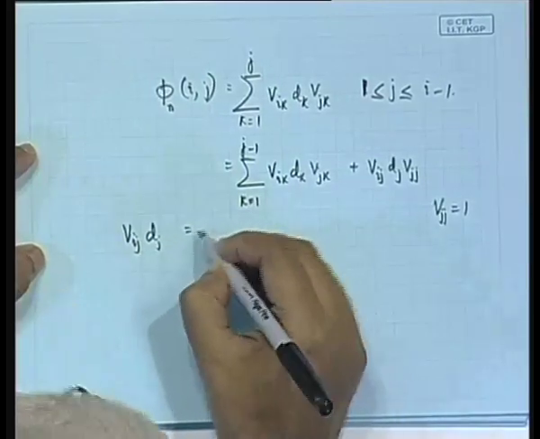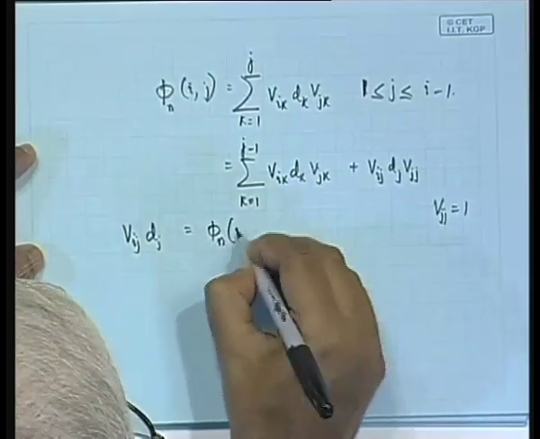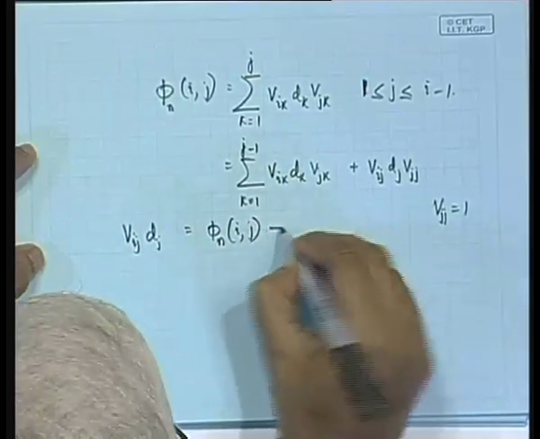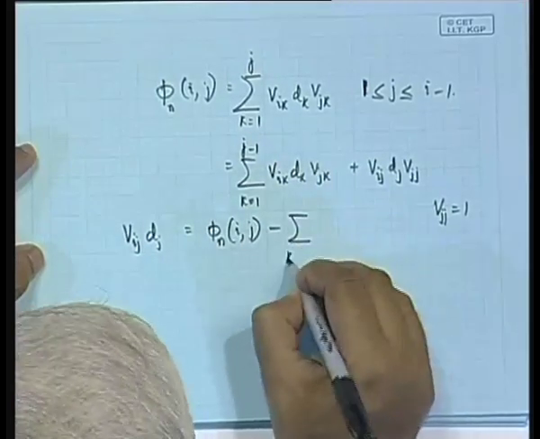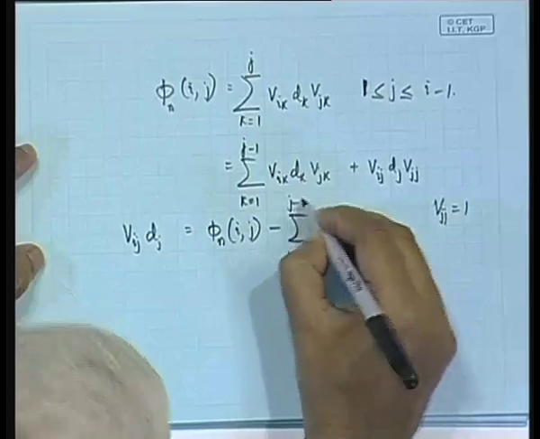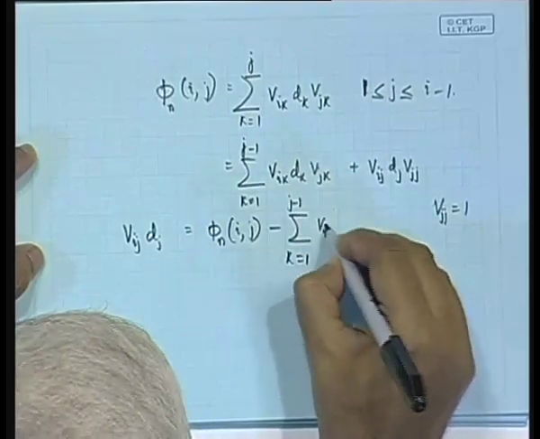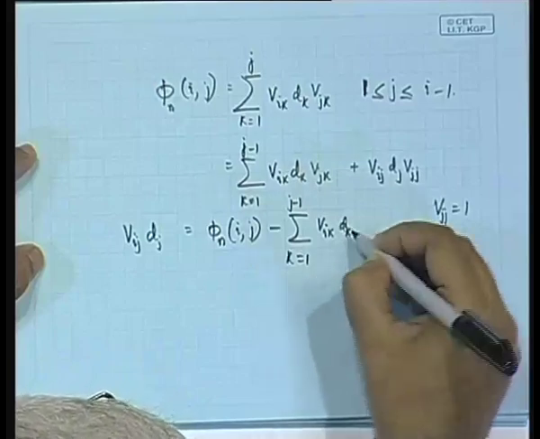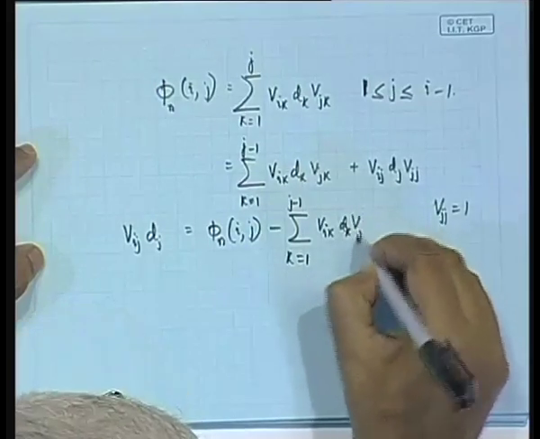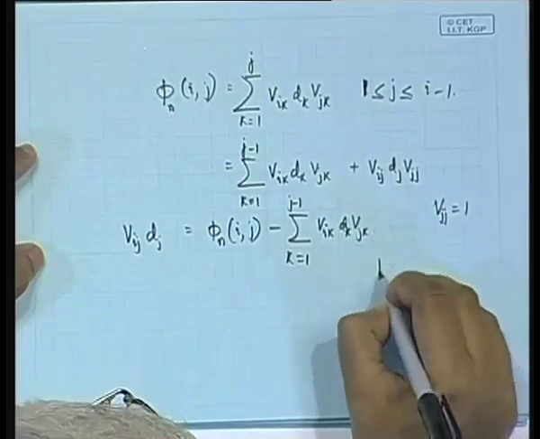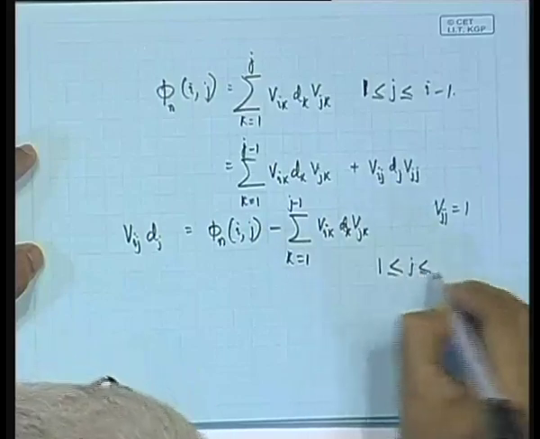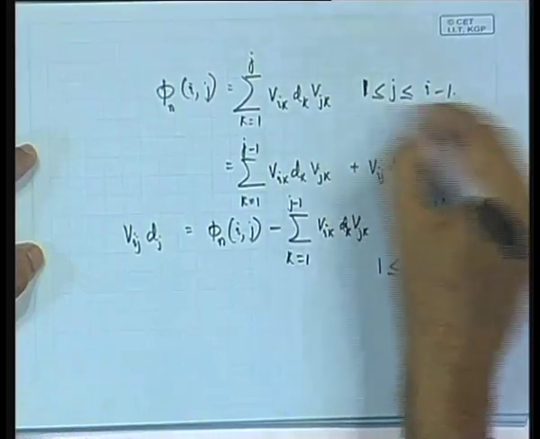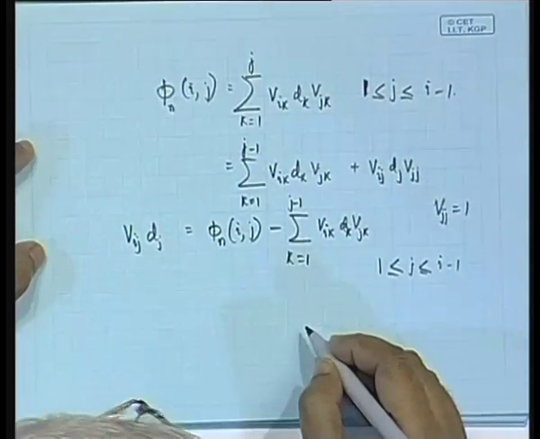This can be expressed as phi n(i,j) minus summation k is equal to 1 to j minus 1 of V(i,k) d(k) V(j,k), for j lying between 1 and i minus 1, as we had done.